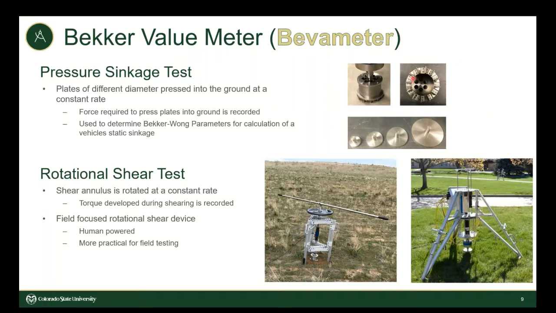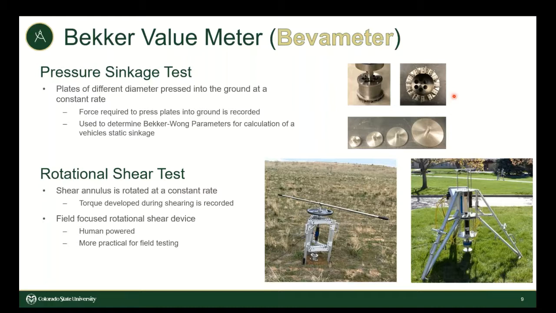The test that we're more interested in for this study is the rotational shear test, which is conducted by placing a shear annulus, or a shear ring, shown right here, on top of the soil and loading it with a normal stress. It is then rotated at a constant rate, and torque developed in the rod is collected in order to generate shear stress versus shear displacement plots.